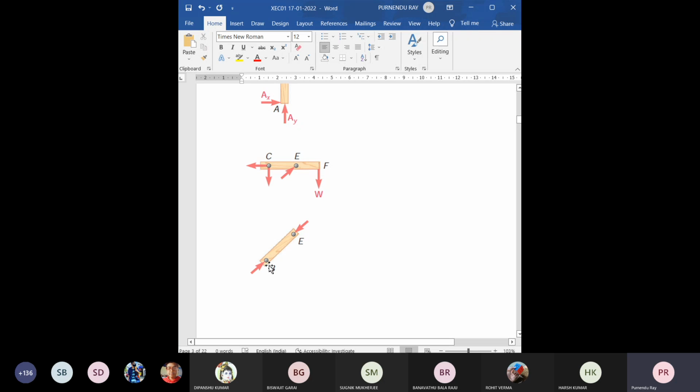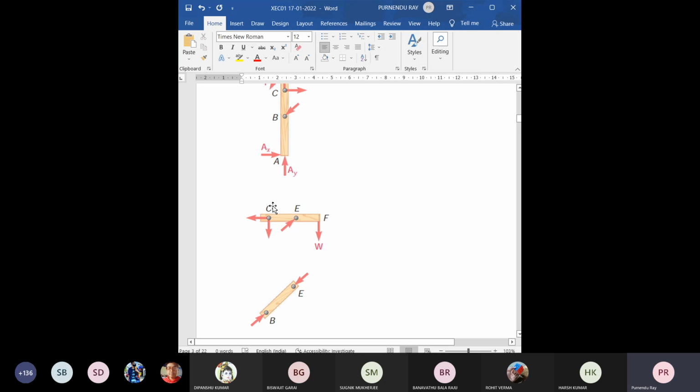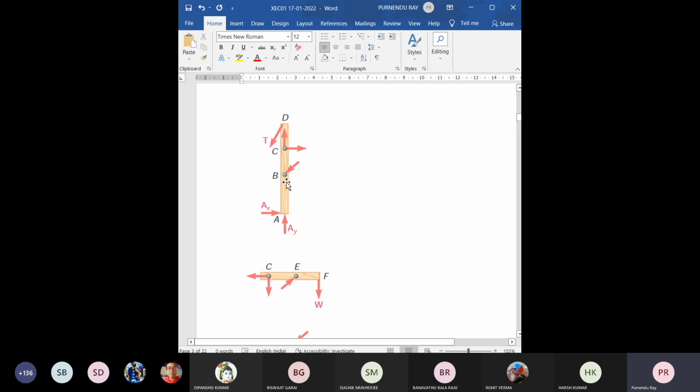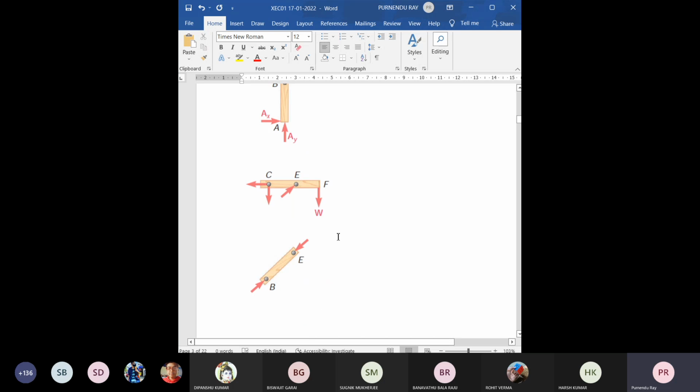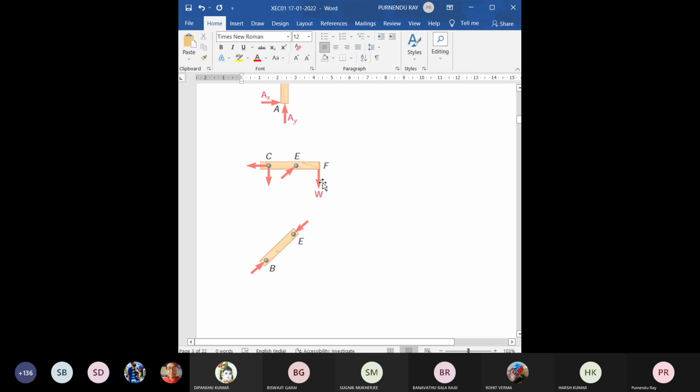So this is the force at the pin on the member BE. Equal and opposite force will be there for equilibrium. So the force offered by the member BE on the member AD at the joint B is like that, and the force offered by the member AD at the joint B on the member BE will be equal and opposite, that is inclined upward.